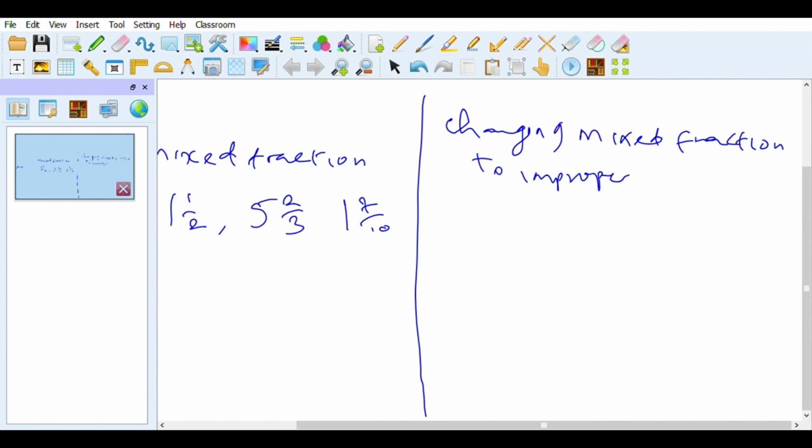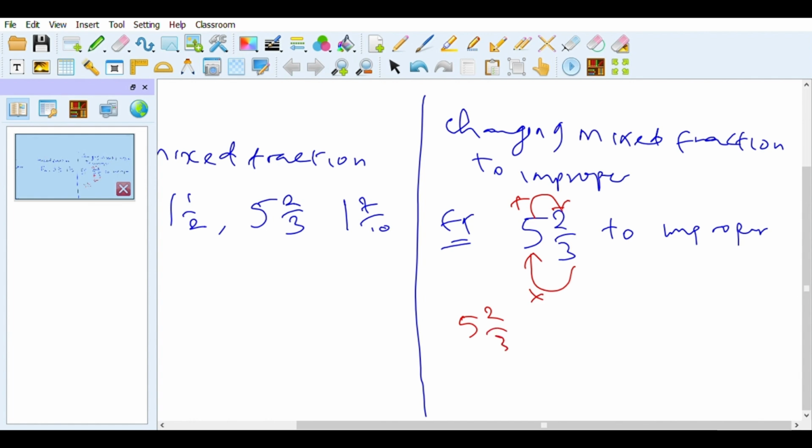Let's take a few examples. In this example, we have 5 whole number 2 over 3, and we want to change it to an improper fraction. To do this, use the denominator, multiply it by the whole number, and to the answer we get, we add the numerator.